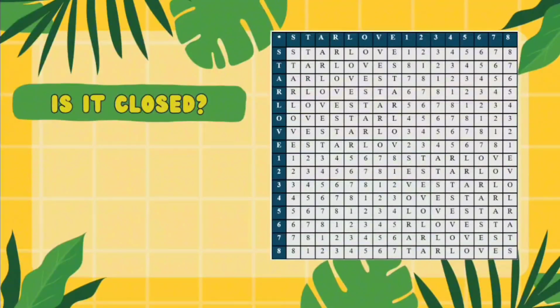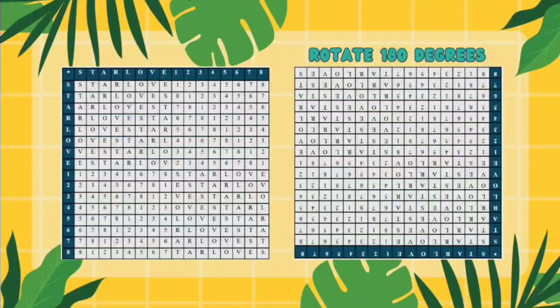Is it closed? Yes. As you can see, all of the possible combinations that we have in the table are still in the set. In short, our table is closed. Is it associative? To show if it is associative, we are going to rotate it 180 degrees.